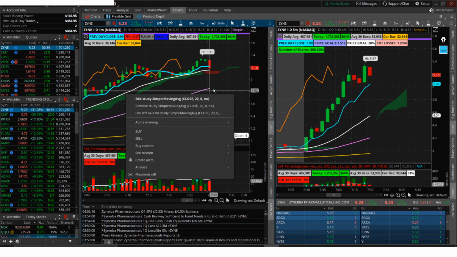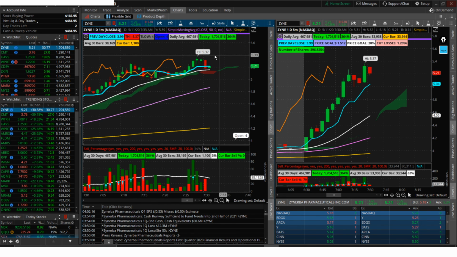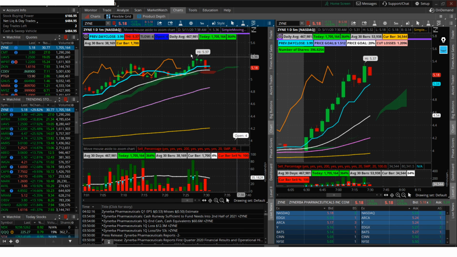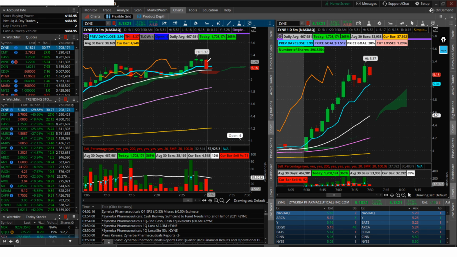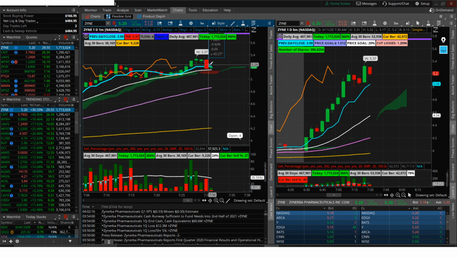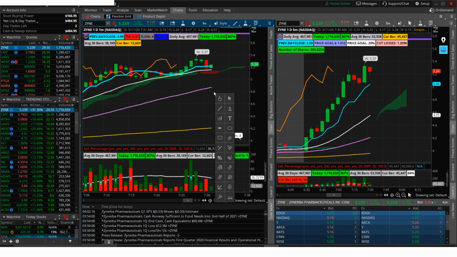Yep, so it's the 20 SMA, and right there around 5.30 would have been a good entry point to short sell it. Short selling from 5.30 for a 10% gain, you're looking for it to hit below 4.78.